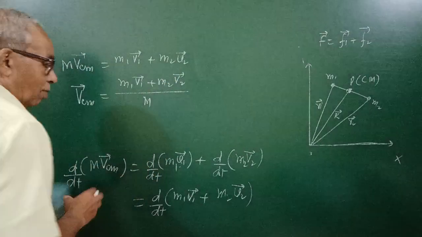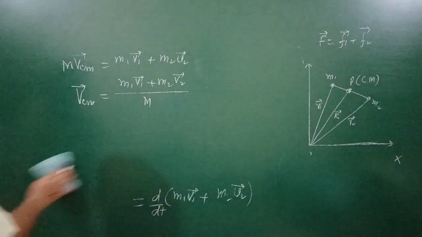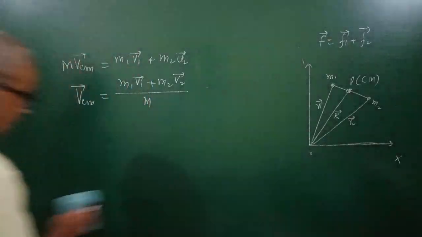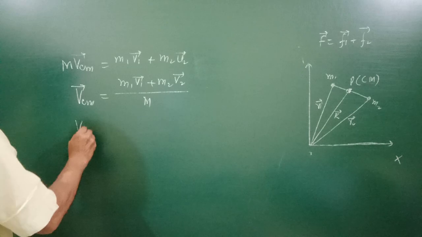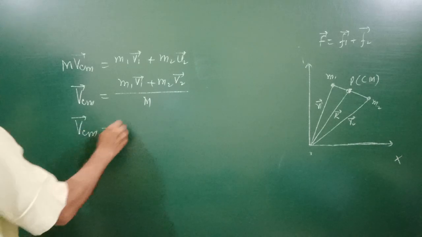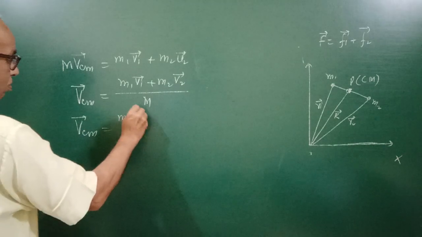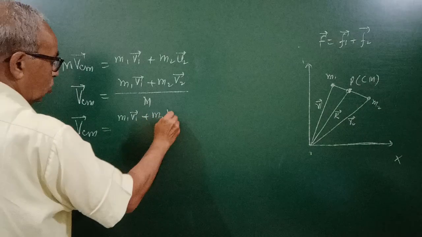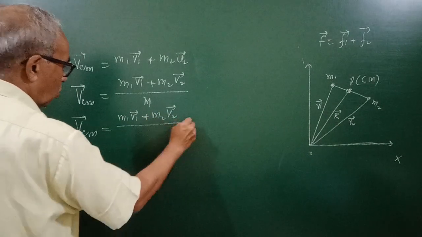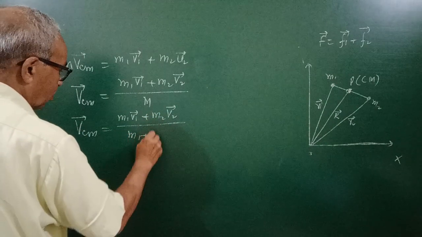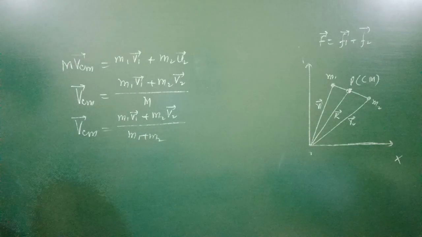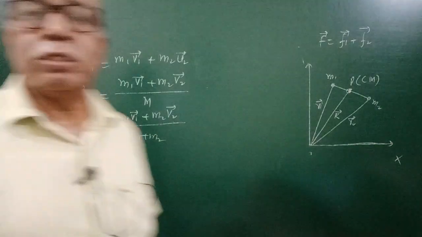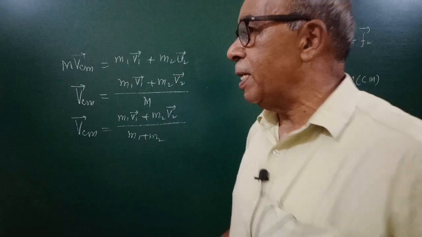Now what is capital M? Sum of two masses. Or Vcm is equal to m1v1 plus m2v2 upon m1 plus m2. This we have derived for a system of two particles only.